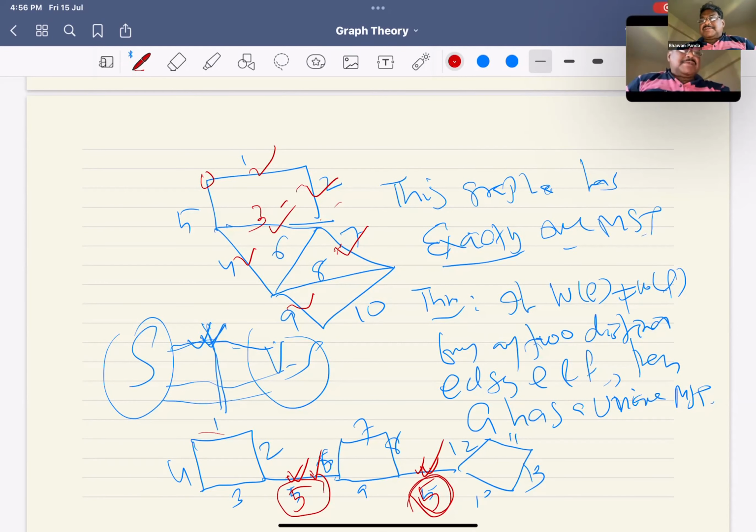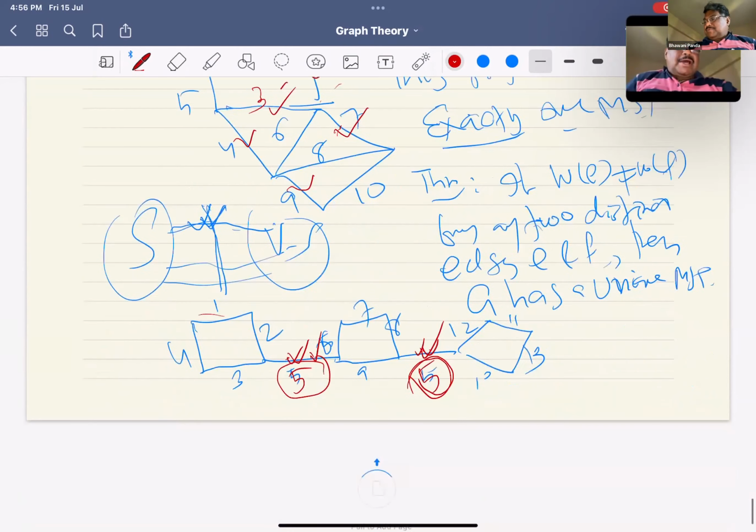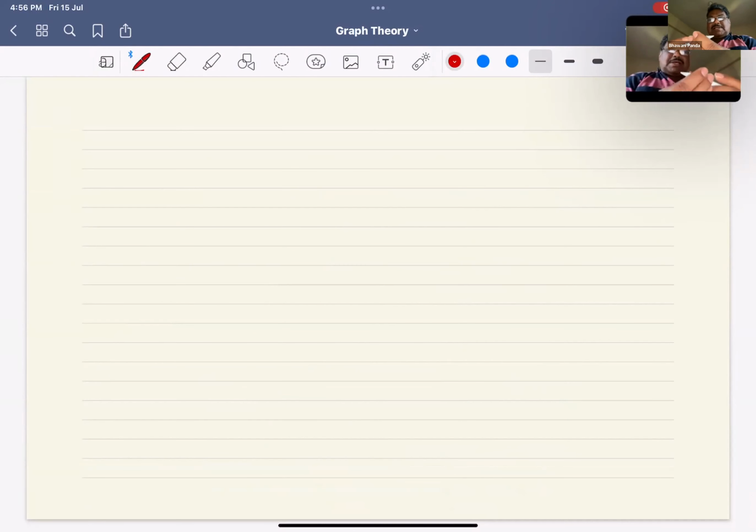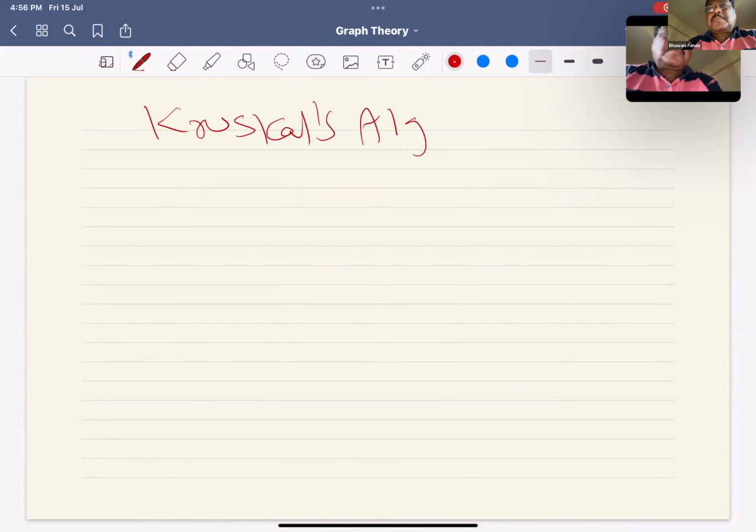So at this moment, at least you know the algorithm. Now another algorithm we'll do is called Kruskal's algorithm. The Kruskal's algorithm is like this.